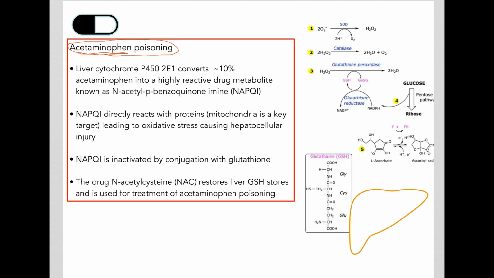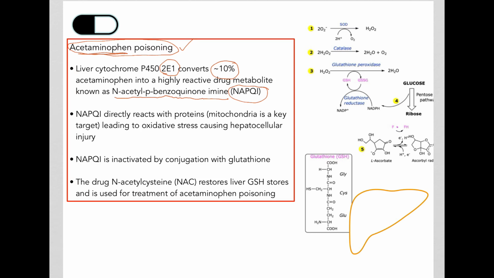So in Tylenol poisoning, what happens is that the liver cytochrome P450, especially the 2E1, converts about 10% of the Tylenol that is ingested into a very highly reactive drug metabolite known as N-acetyl-para-benzoquinoneimine, or NAPQI.